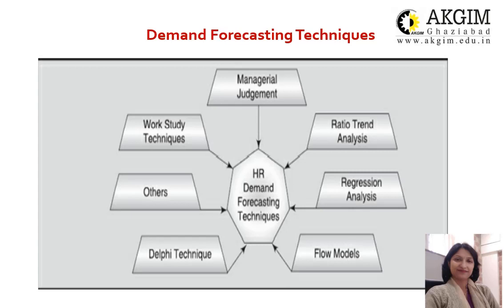Maybe that movement is through transfers, maybe that movement is through turnovers. So that movement will create certain requirements of the job position in the organization. Then Delphi technique, we all know what Delphi techniques are. And then work study techniques, these are some of the techniques of demand forecasting.